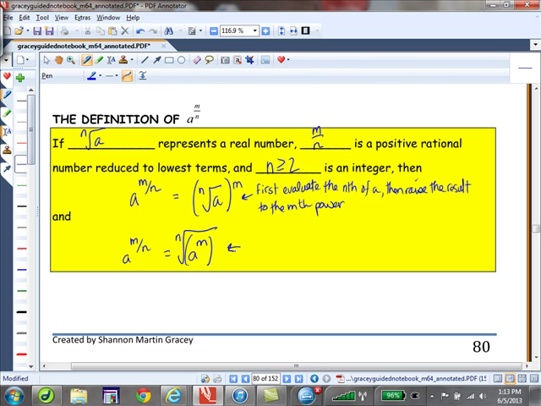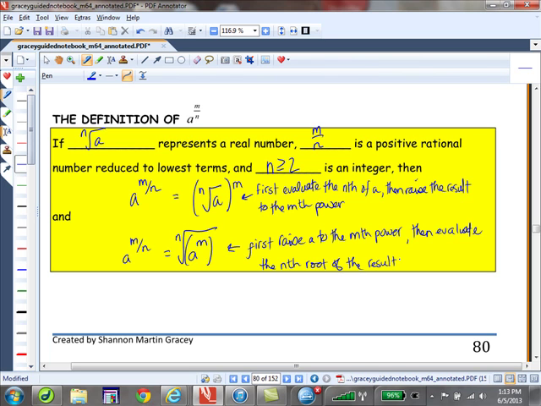So first raise a to the mth power, then evaluate the nth root of the result. It just depends on what is easier for you. And some problems lend themselves to one method and other problems lend themselves to the other.